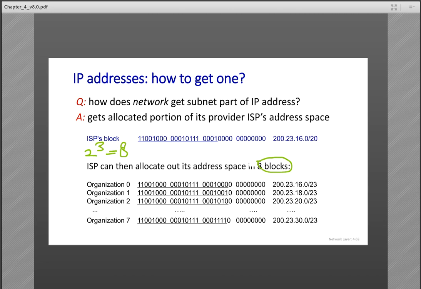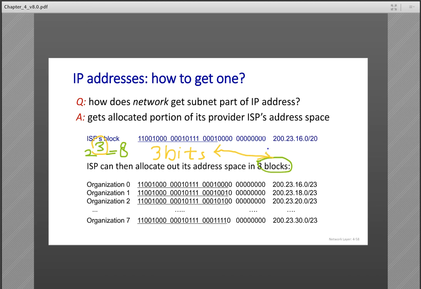What does it mean? It means that I need 3 bits to make it clear which of those 8 blocks I'm talking about.